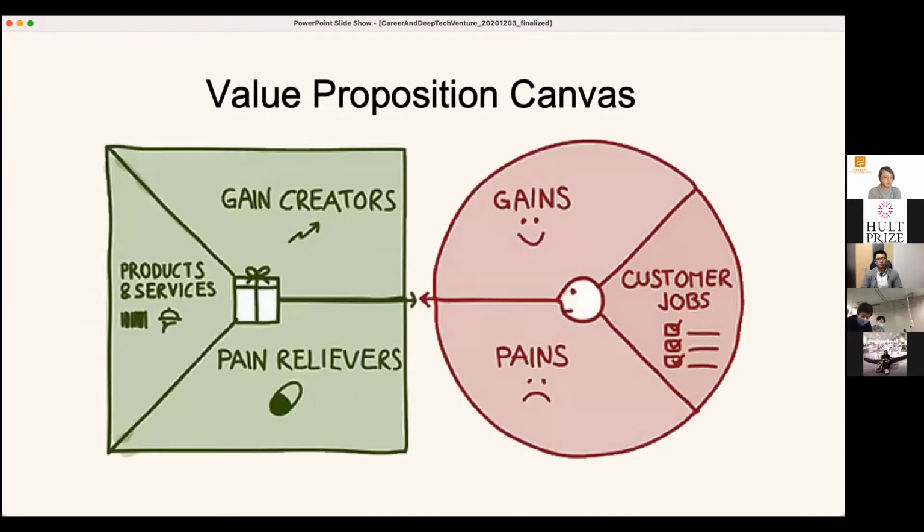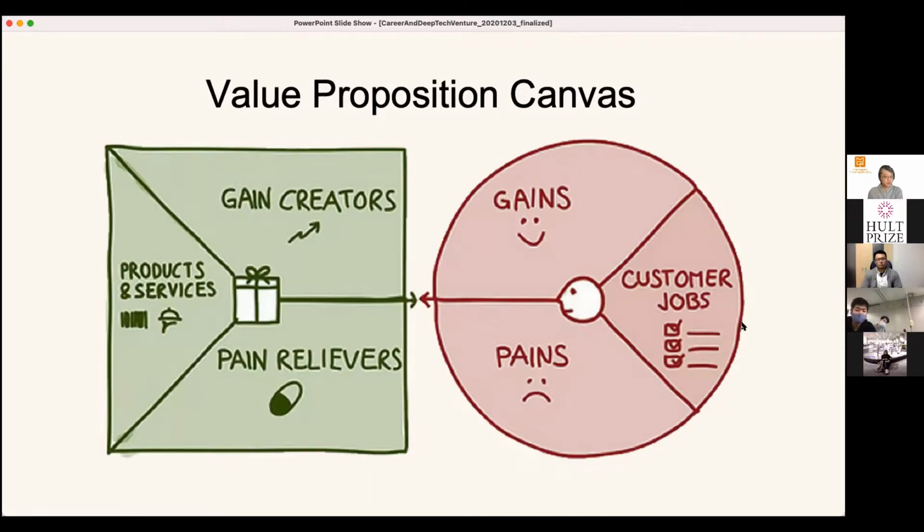And to think about the customer's pain, there is a very famous framework called the value proposition canvas. Probably some of you may have seen it before. And the right side is about your customer or your payer. So what is your customer's job?